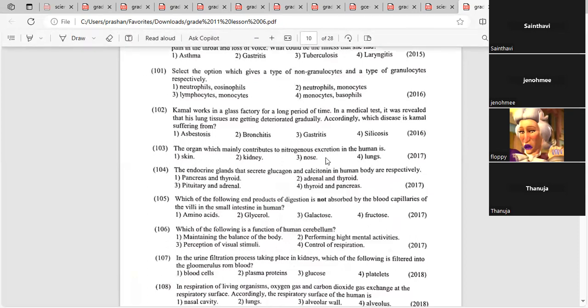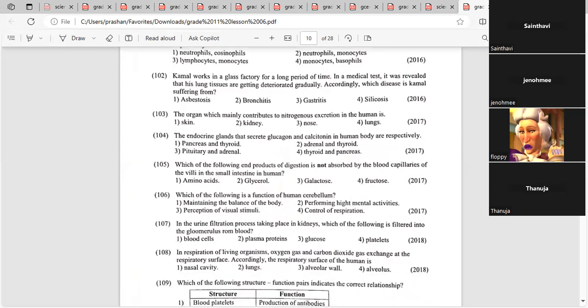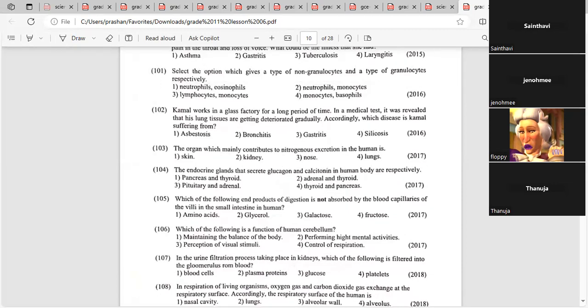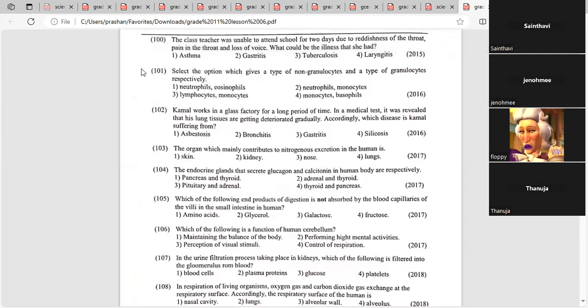This is a 2016 question. You have 1.5 minutes for one MCQ question, as I told you on the first day. Since there is a new student, I will tell you again. When considering the MCQ question paper, for one question you can allocate 1.5 minutes.